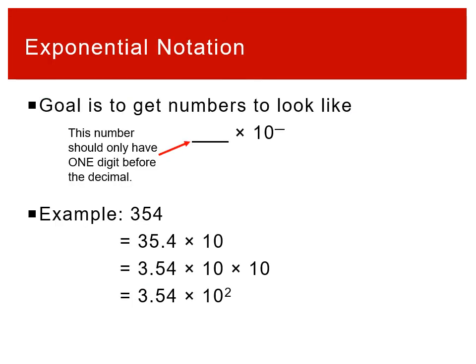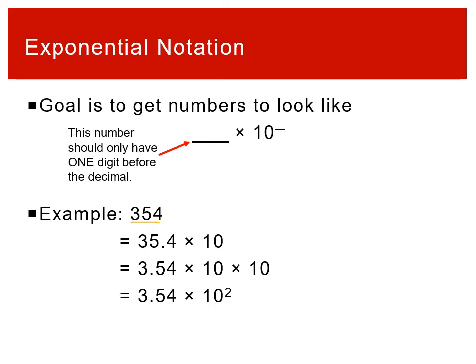So when we're using scientific notation, the general format is that we should have a value multiplied by 10 to some exponent. And the value that we're multiplying by 10 should be between 1 and 10. We want it to be one digit in front of the decimal. So for example, we have 354. That number isn't too hard to deal with, but we can still convert it into scientific notation.